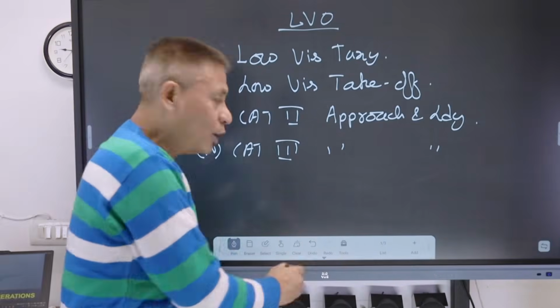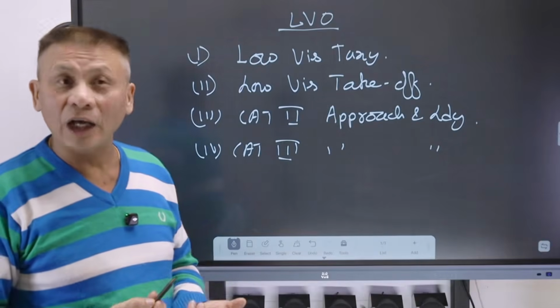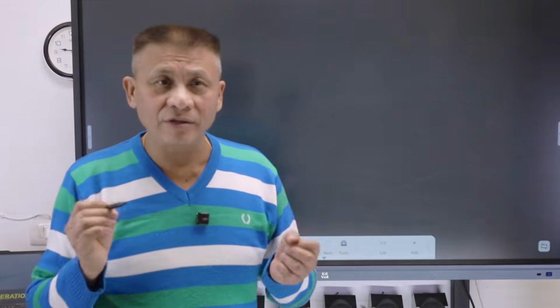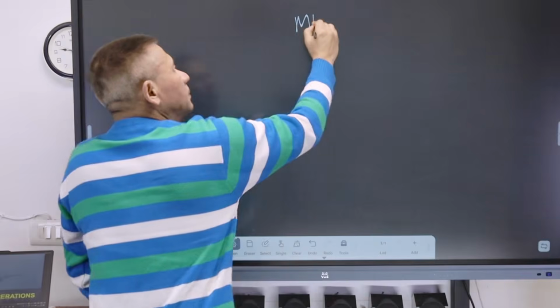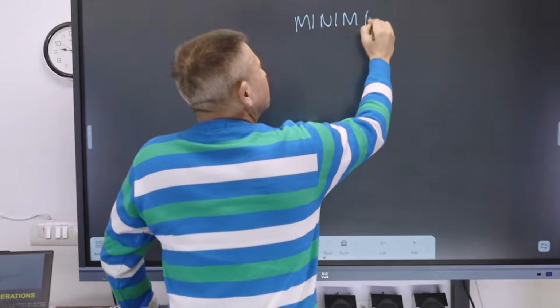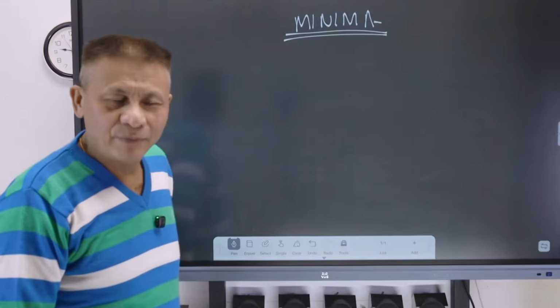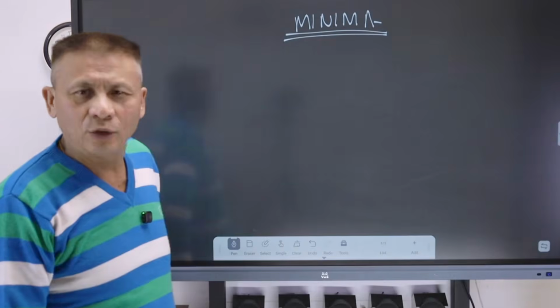Now let's move on to what governs these entire operations. These operations are governed by what we call the minima. And what actually is this minima? Minima is described by two things.